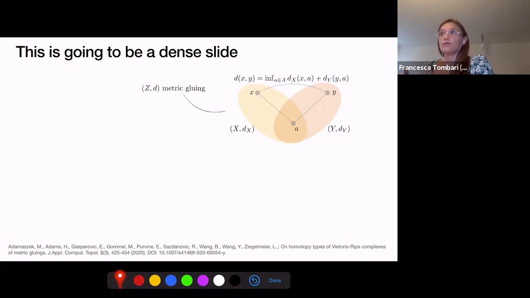What we want to do with this example of pseudometric space is to see if we can use this decomposition, which is intrinsically given by how this space is constructed, in order to say something about the homotopy type of the Vietoris-Rips complex of the total space.